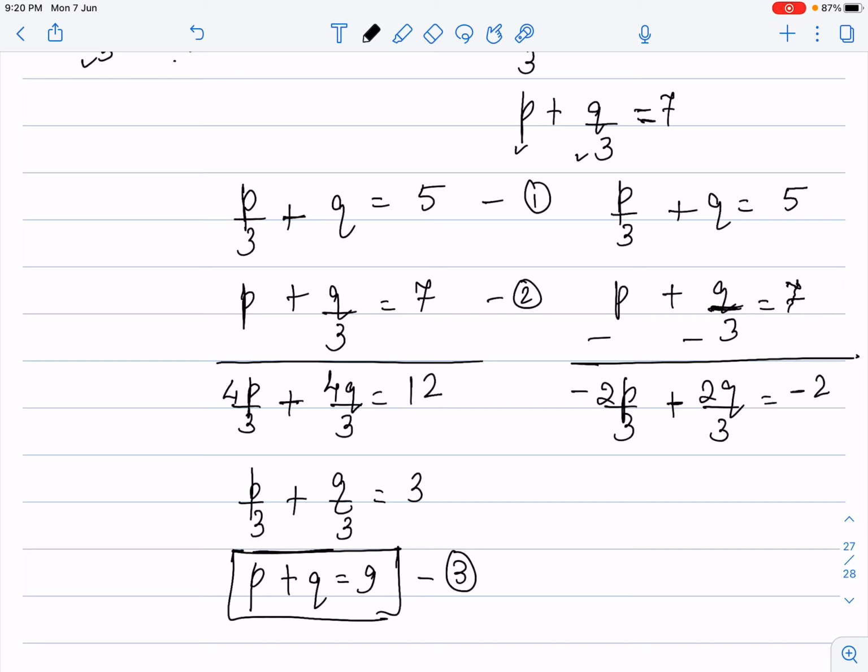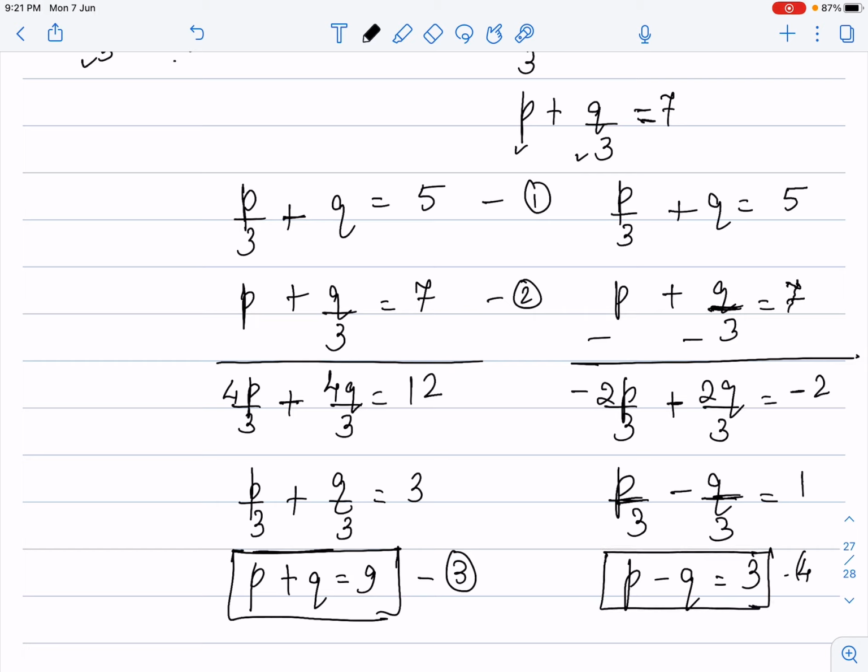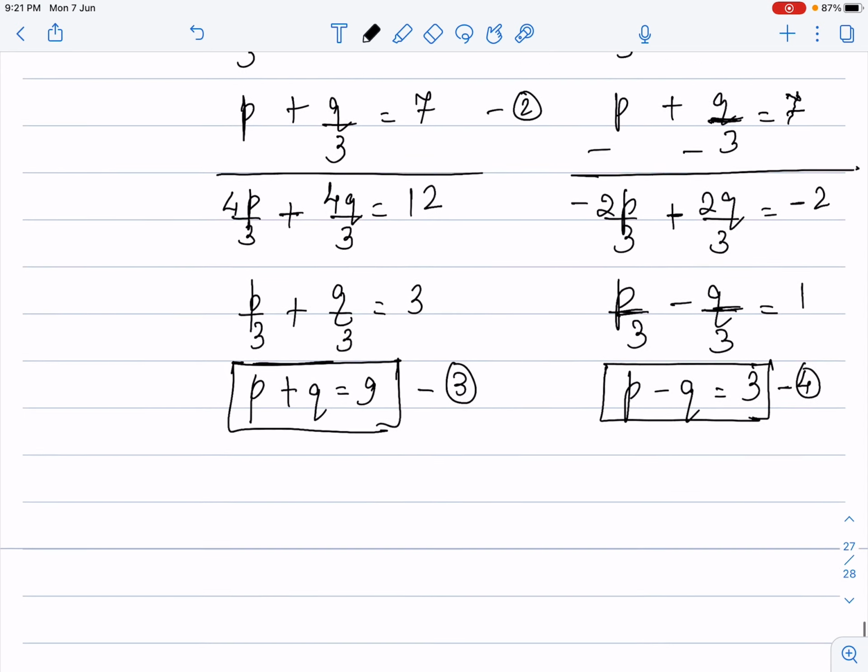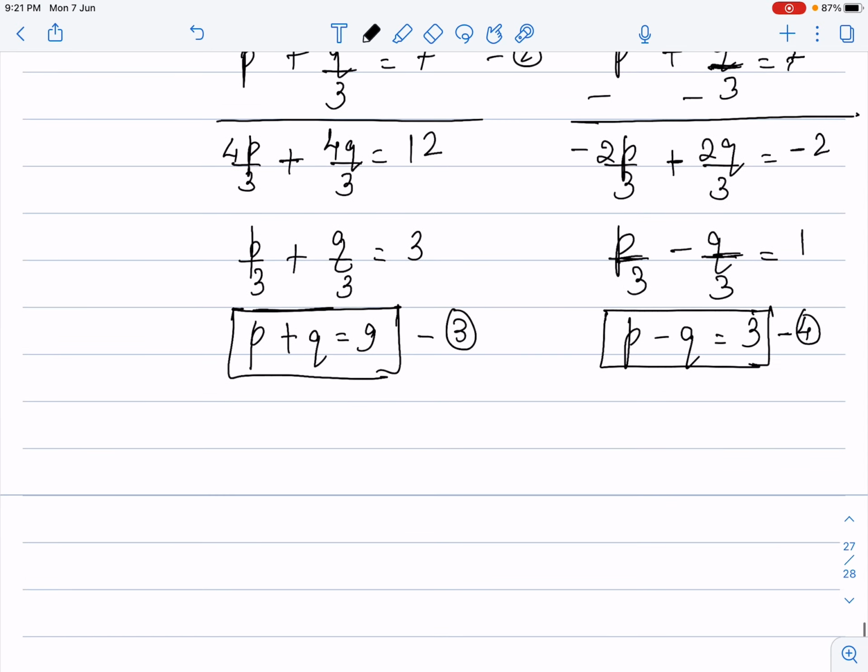So p by 3 minus q by 3, dividing throughout by minus 2, will be 1. That means p minus q is equal to 3. Hope you guys have got my point. So this is the fourth equation, I will write it over here. Now solve the fourth and third equations.